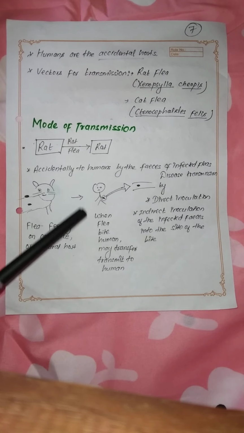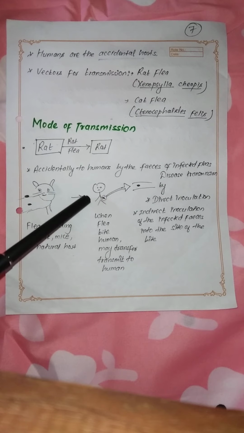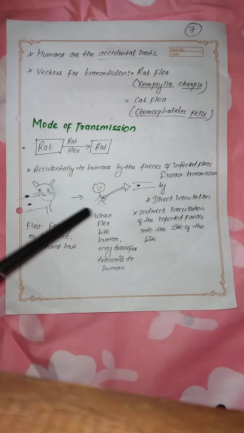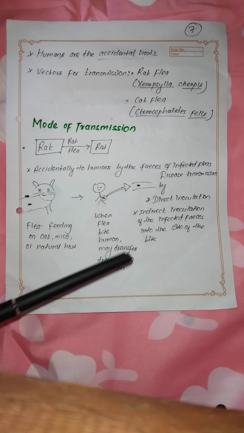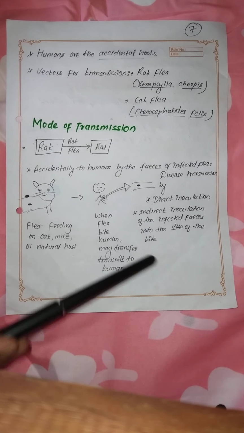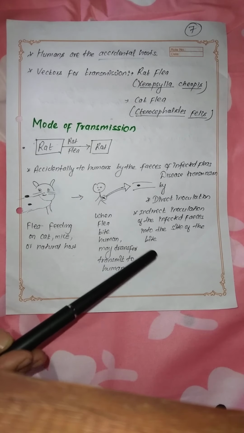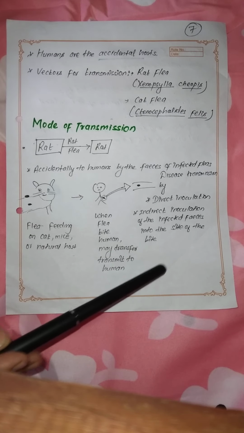Now what will happen? The Rickettsia is present on the surface of the body of this person. Now the disease transmission occurs by the direct inoculation or indirect inoculation of the infected feces into the site of the bite. By these two ways, the Rickettsia may be transferred to the human.